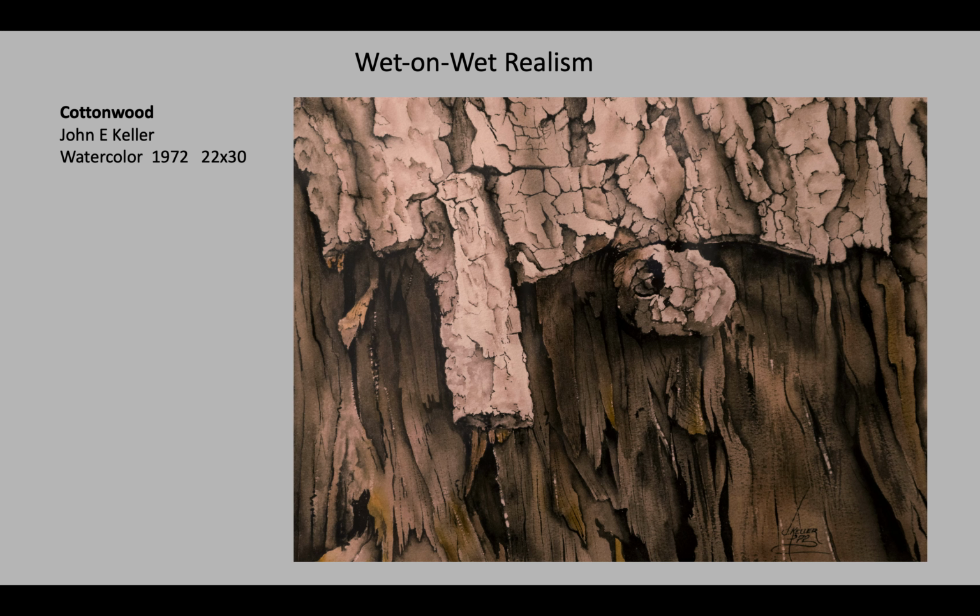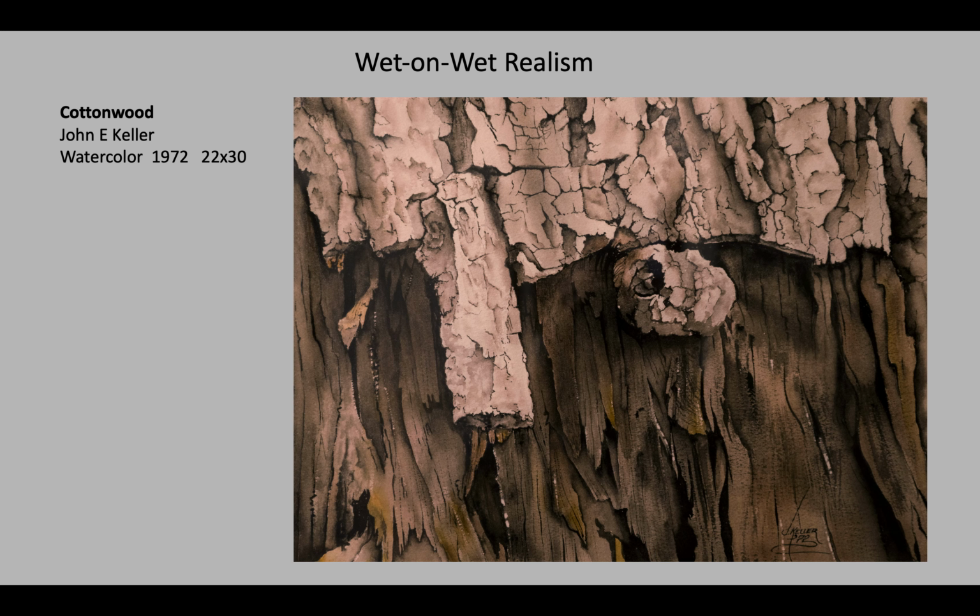Always intrigued by texture, and in this case it was the texture of a cottonwood tree, that real rough bark. If you're from the Midwest, Kansas or Nebraska, you're very familiar with cottonwood trees. And the contrast between that underbark lower half and the outer bark top half is intriguing.